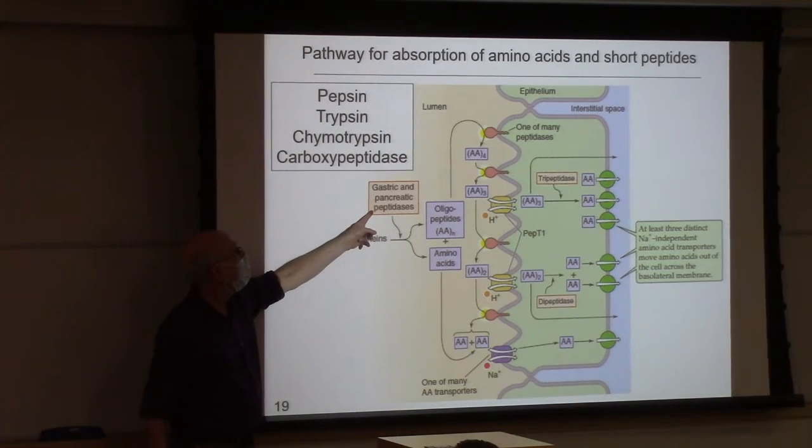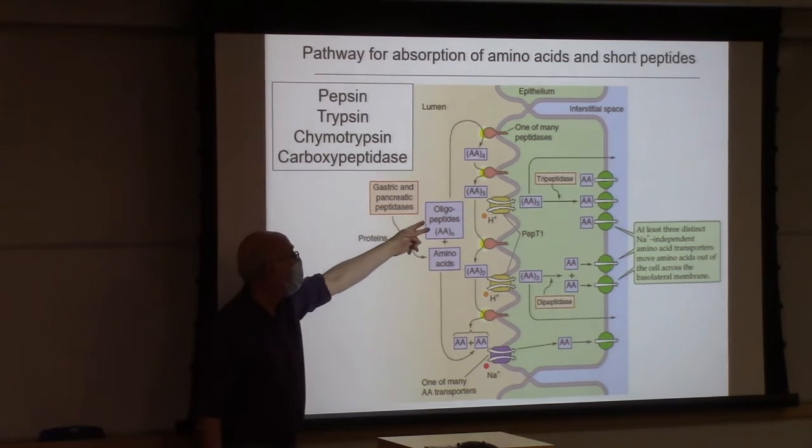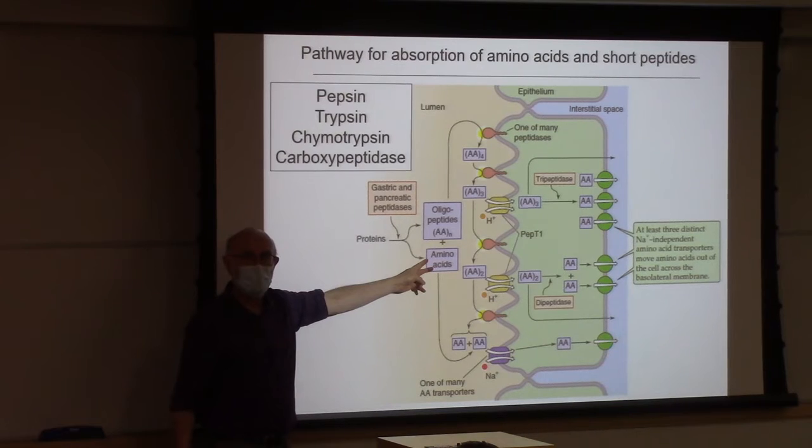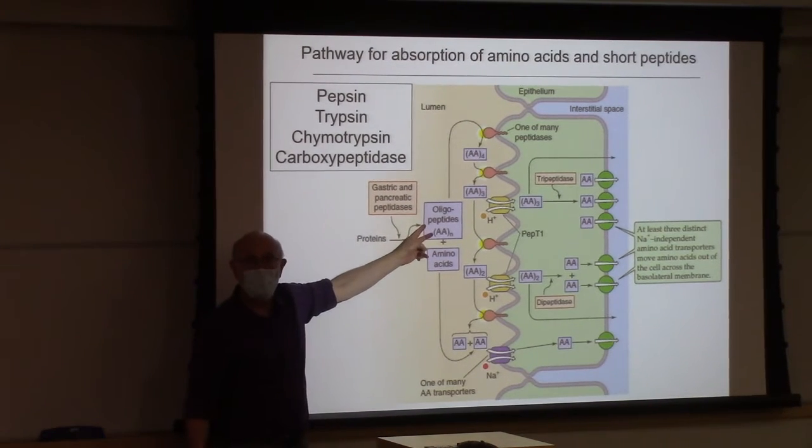So that's what's going on here. Gastric and pancreatic proteases, peptidases, making oligopeptides and amino acids, single amino acids and 2 amino acids or 3 amino acids.